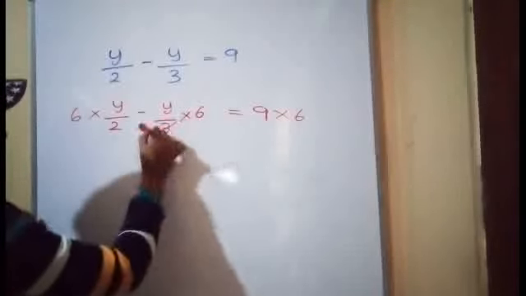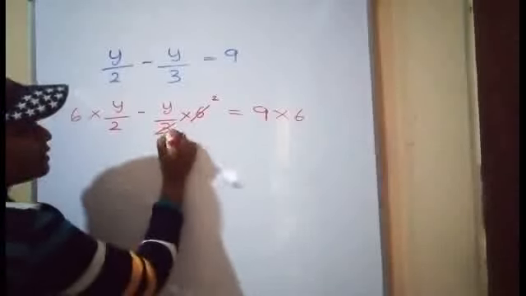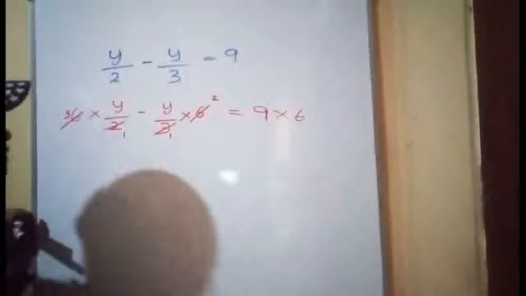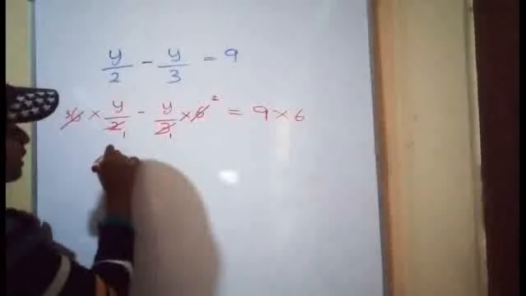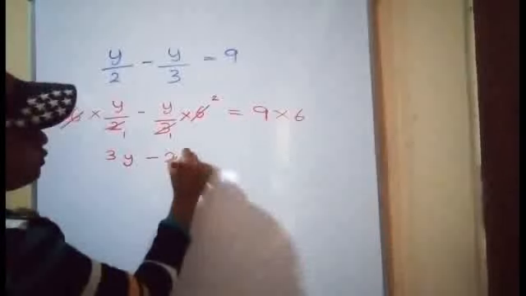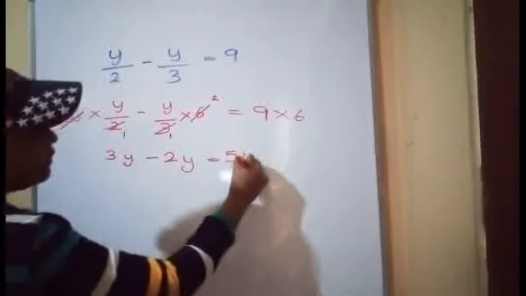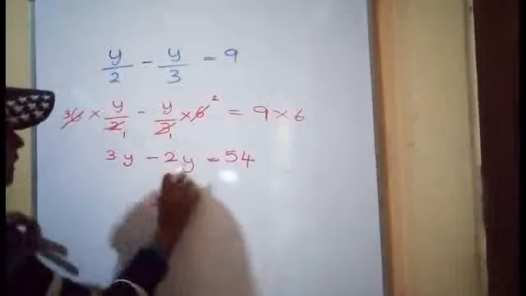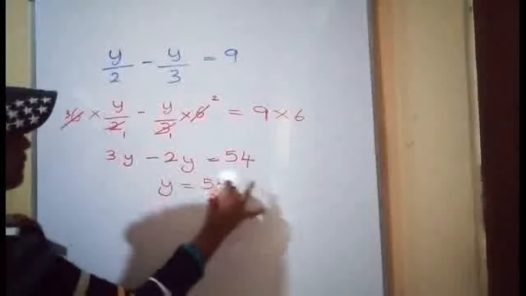And now what? 6 divided by 3 is 2. 6 divided by 2 is 3. And so 3 multiply y is 3y. Subtract 2 multiply y is 2y equal 9 times 6 is 54. 3y subtract 2y means y equal 54.